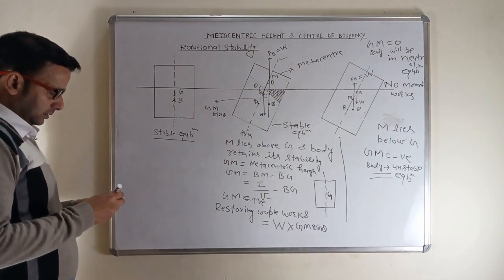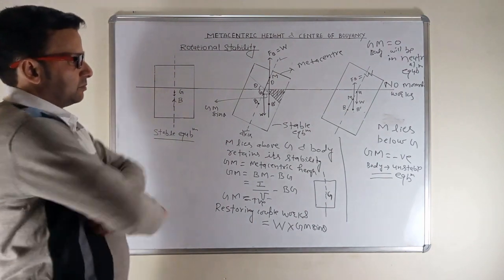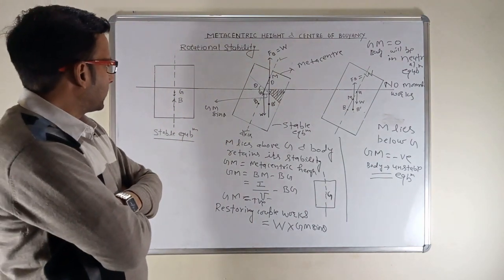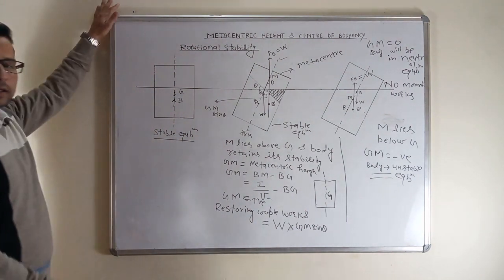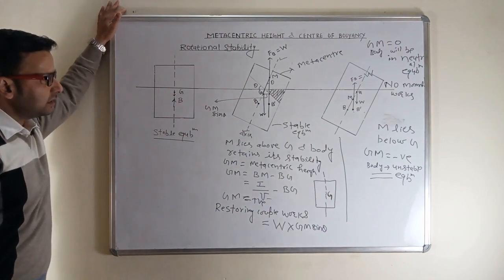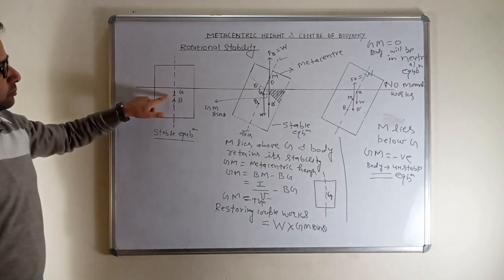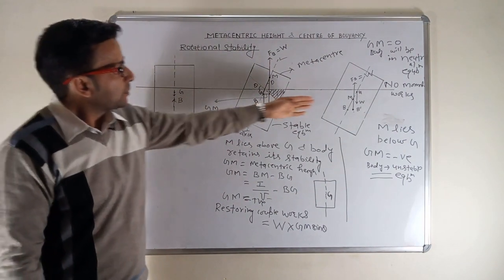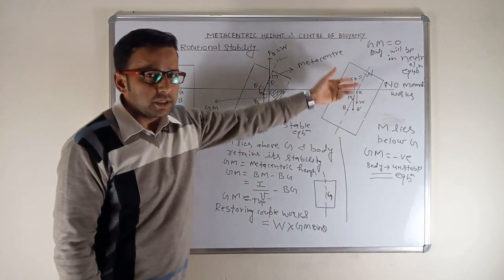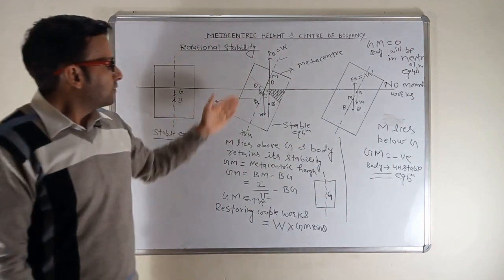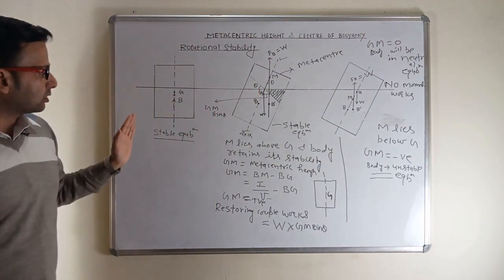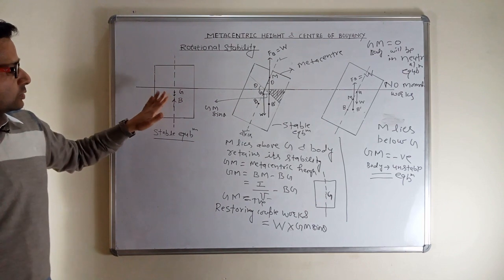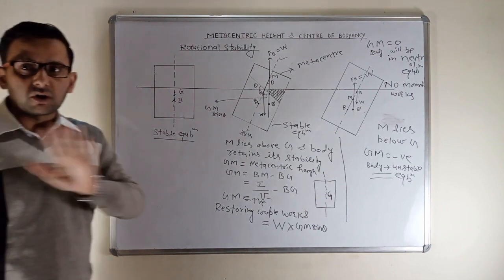I think these two terms might be very clear to you. Now you people might be confused that sometimes I put G above B, sometimes I put G above M or below G. In each case I vary G. Now you might be thinking G should be at the center of the body. It is not necessary.